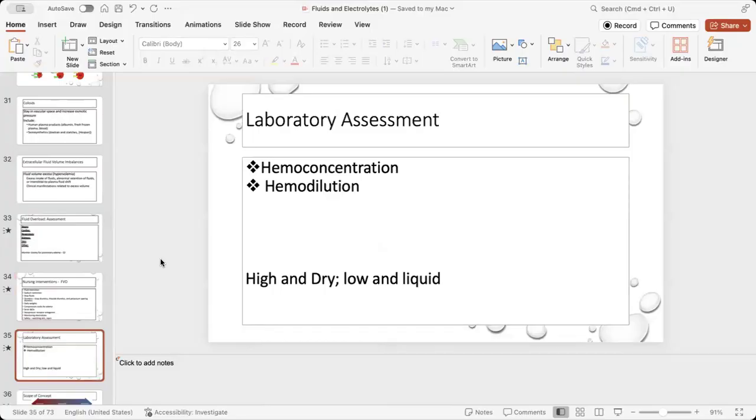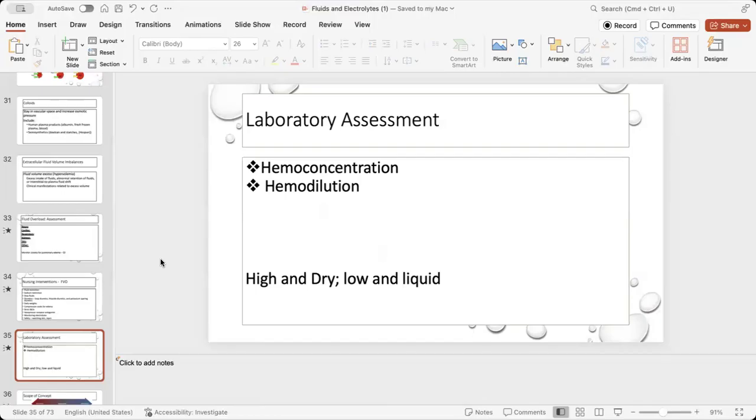So when the H&H or electrolytes are high, the client is dry, right? So it's hemoconcentration. When the labs are low and the blood is liquidy, that's hemodilution.